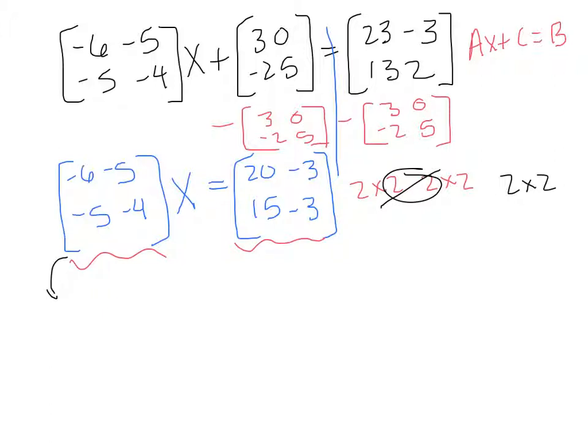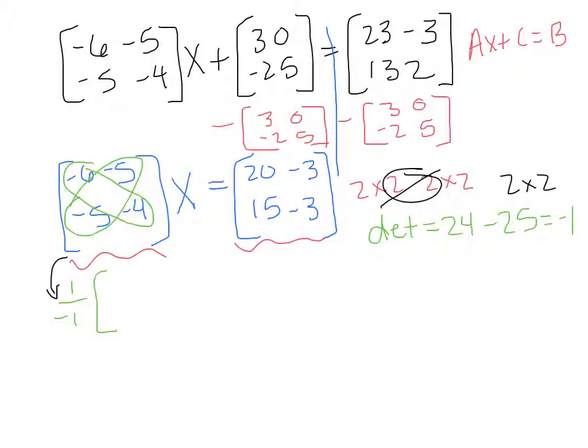First, though, we have to find the inverse of this one. Remember, it's 1 over the determinant times the mixed up matrix. So the determinant is going to be, I'll put this over here, positive 24 minus positive 25, which is negative 1. Yay, we like it when the determinant is negative 1, because here's what that means. 1 over negative 1 times the mixed up matrix.